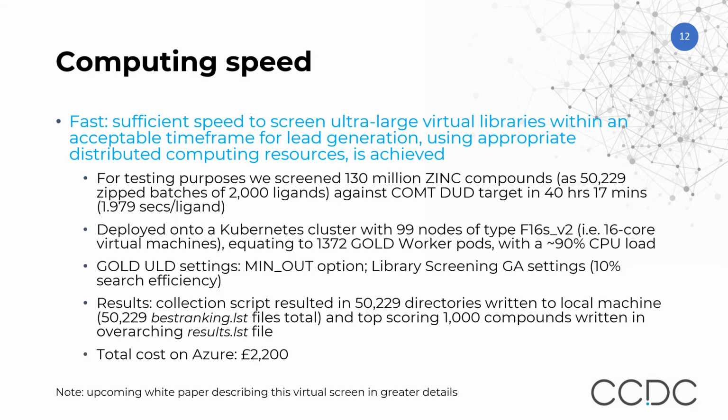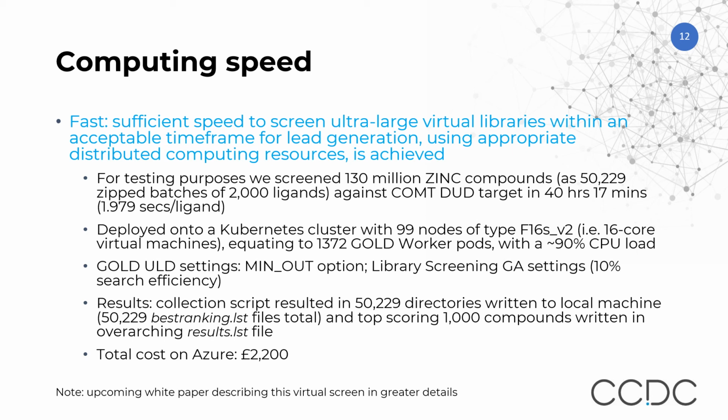And the last point, we wanted to make sure that the speed is appropriate. In order to test that, we downloaded 130 million compounds from the Zinc database. They were passed to gold queue in 50,000 batches of 2,000 compounds each. They were screened against the COMDUD target.